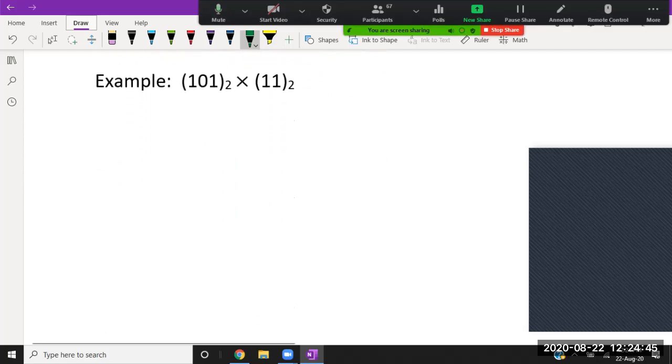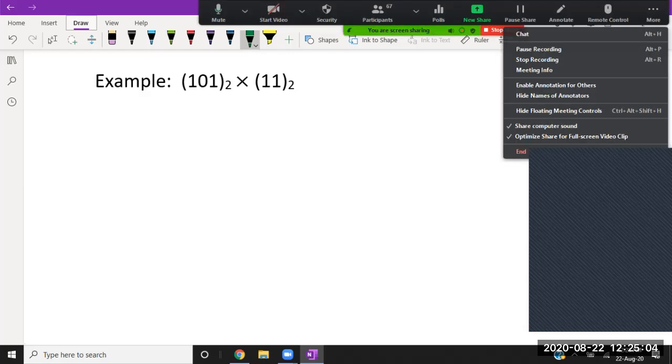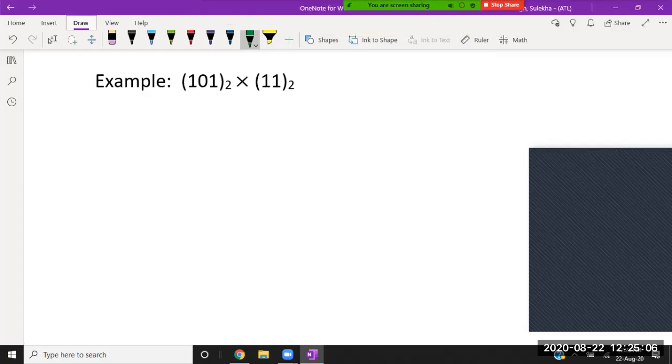Okay, so let's take our first example, which is 101 into 11. If you can do the multiplication of base 4, base 5, base 6, base 12, all those multiplications, these examples are very simple in comparison to previous examples. If you want to multiply 101 with 11 in the binary number system, 1 with 1 is 1, 1 with 0 is 0, 1 with 1 is 1.